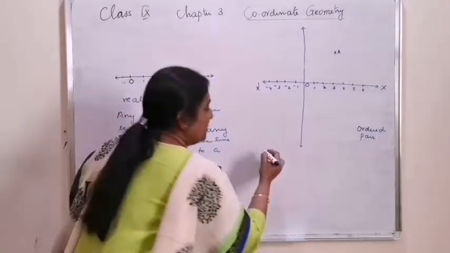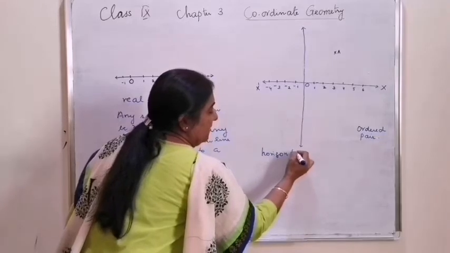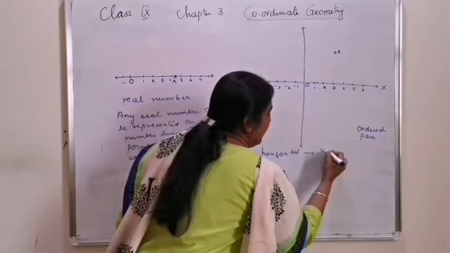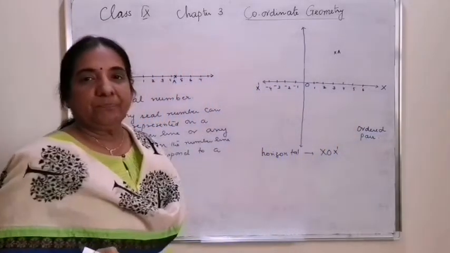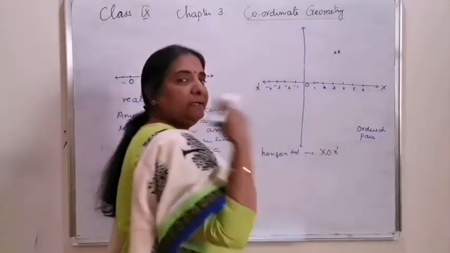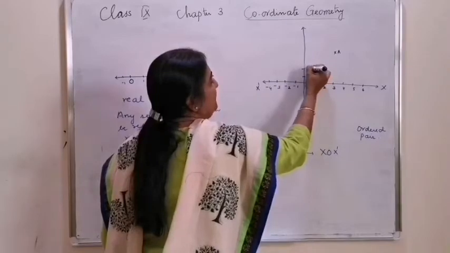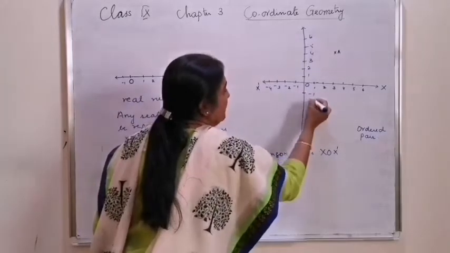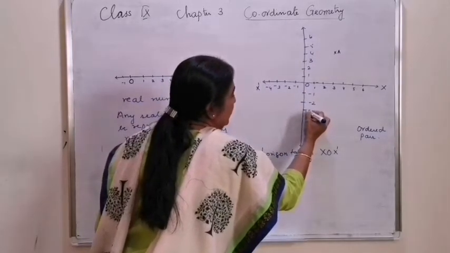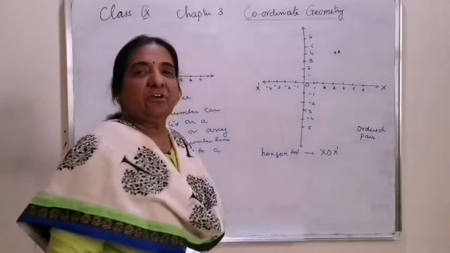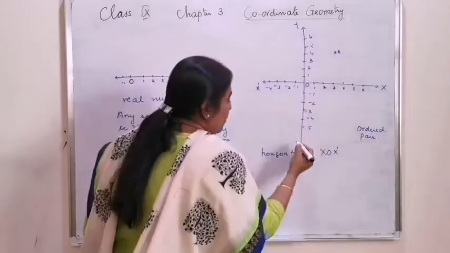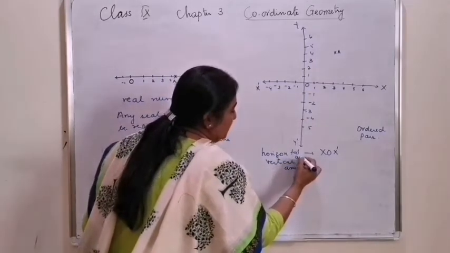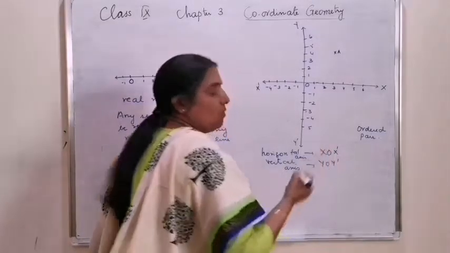So the horizontal number line is always called x o x dash, and on the vertical number line, the positive numbers 5, 6, and the negative numbers in the direction below, we call them y o y dash, the vertical axis, and the horizontal axis x o x dash.